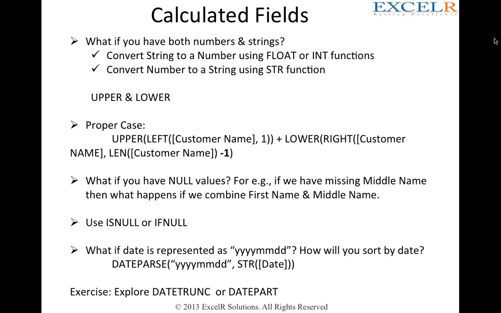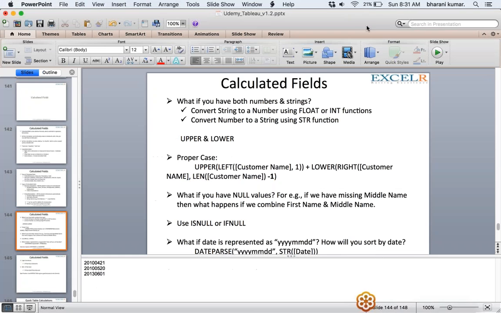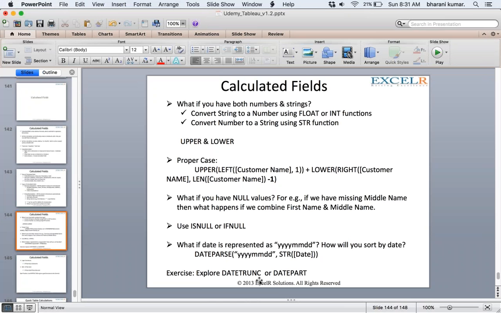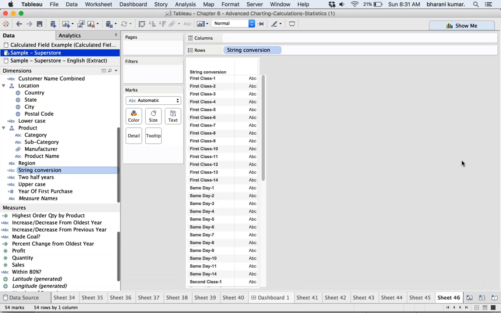Anyone? To what level? To the year level. But I don't want it to be aggregated to the year level, right? Instead, I want it to aggregate to a quarter level. Then what do I do? That is the use of date truncate or date part. These are the two functions. But nevertheless, that aside, let us try to see how do I change the aggregate properties?